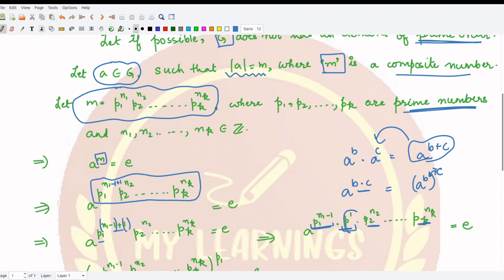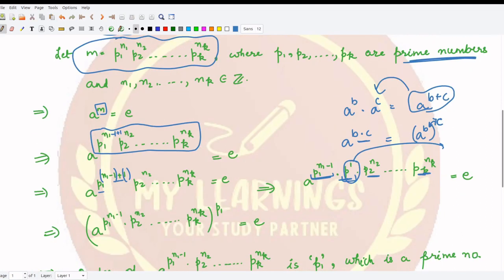So we can take out one term outside the bracket, so that we have A raised to power P1 raised to n1 minus 1, P2 raised to n2, up to Pk raised to nk, and the whole raised to power P1. Why? Because when you open up this power, it would be multiplied to all of these terms, and because they are in multiplication, they commute with each other.